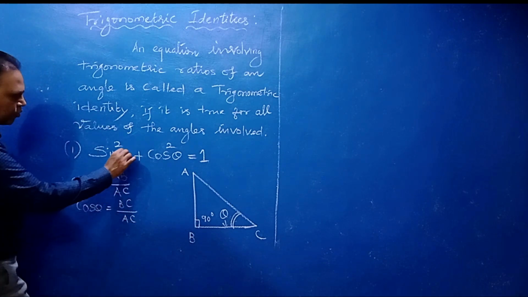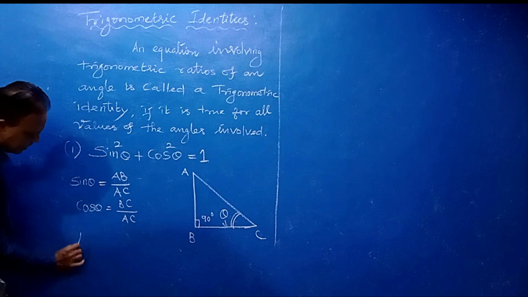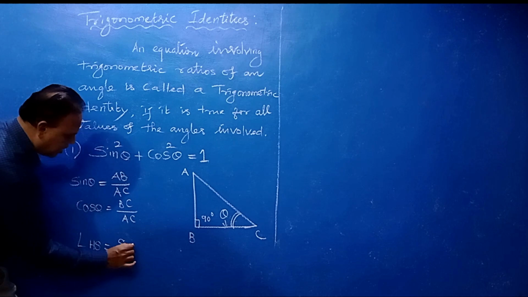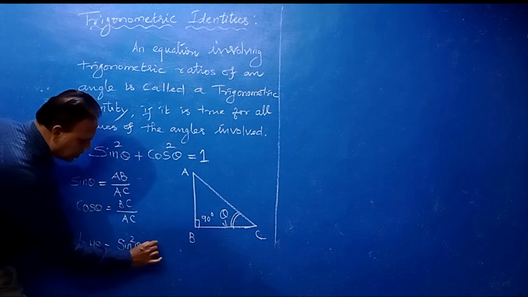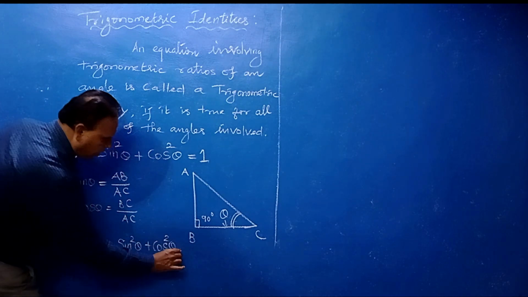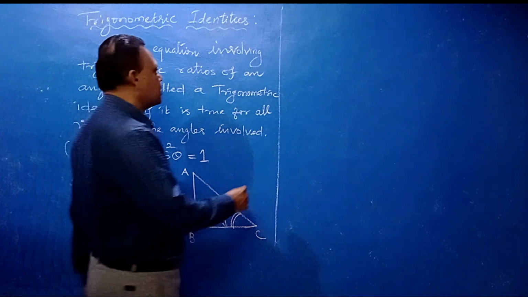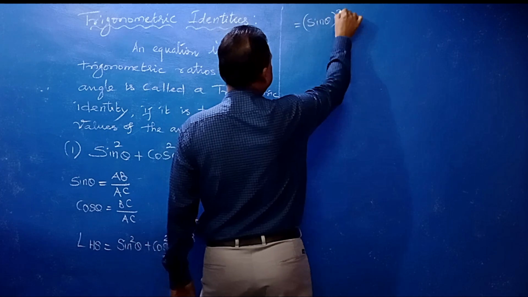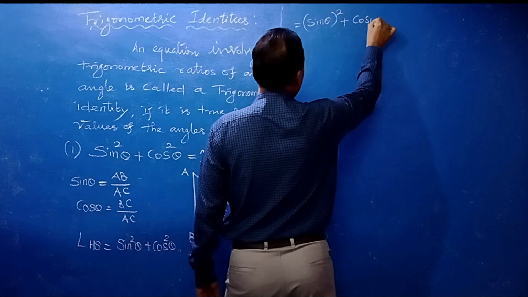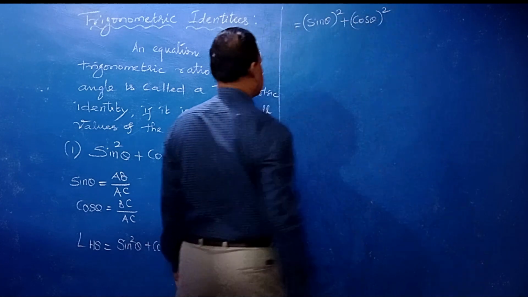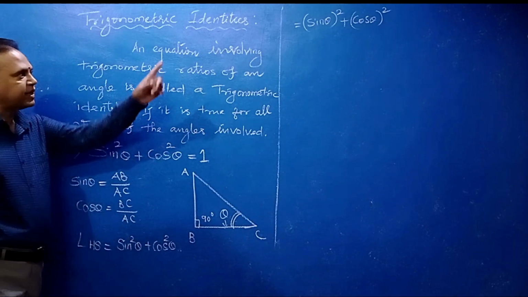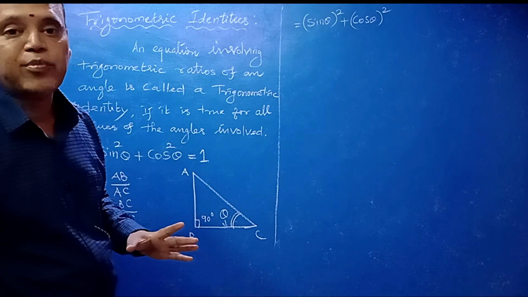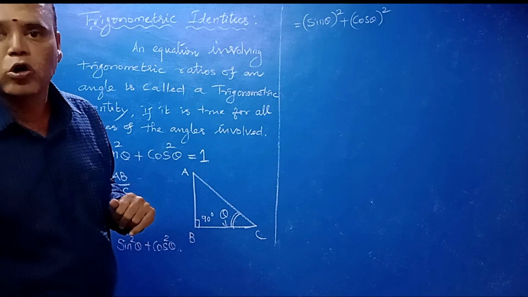Now you take the left hand side. What is there in the left hand side? You have sin square theta plus cos square theta. So now what I am going to do is write sin theta whole square plus cos theta whole square. Sin square theta can be written as sin theta whole square, and cos square theta can be written as cos theta whole square.